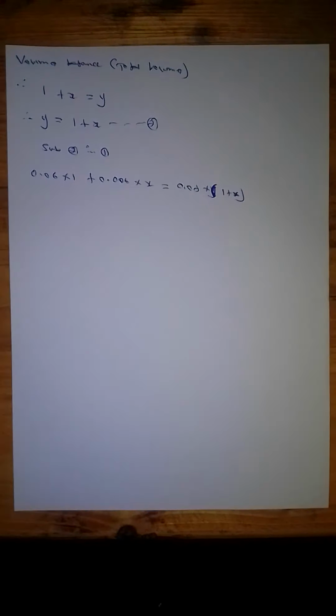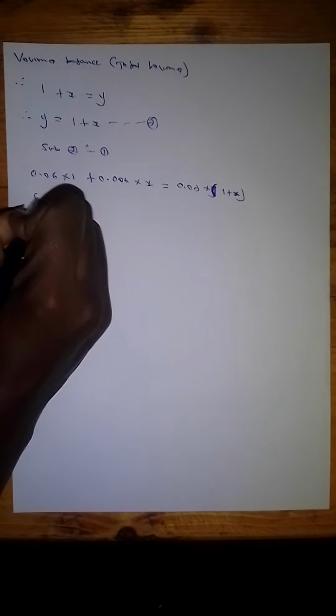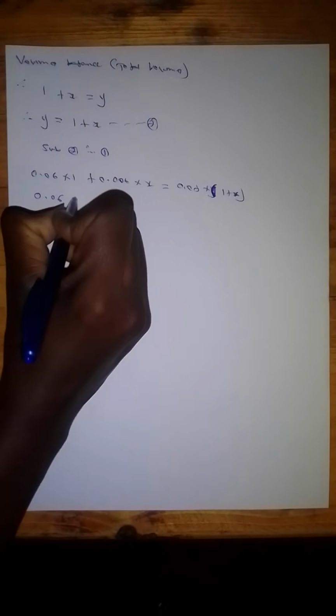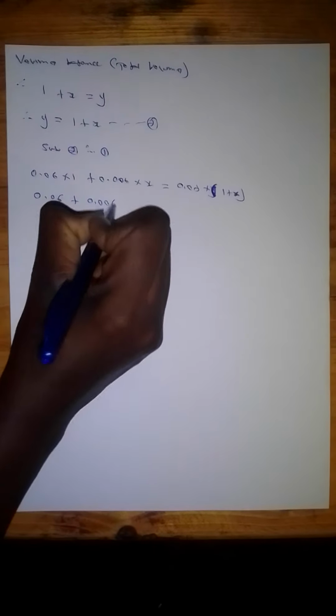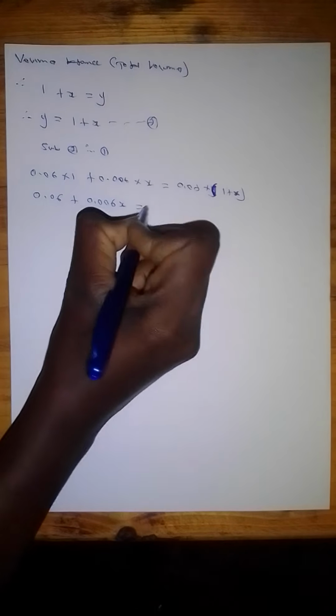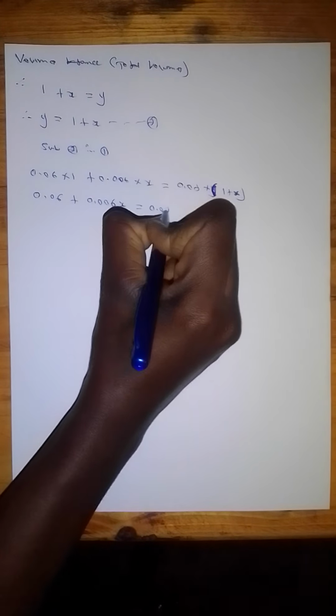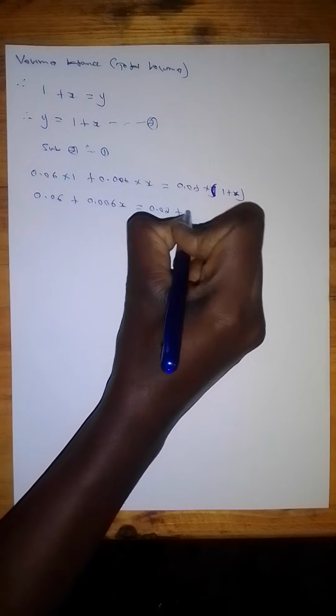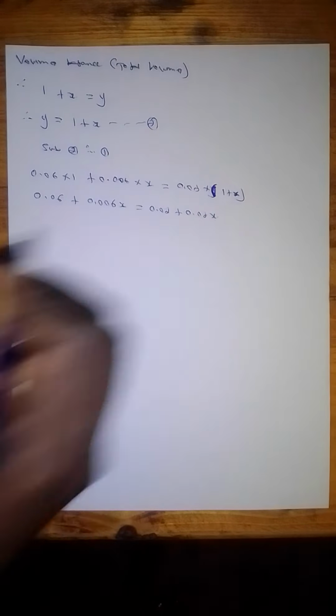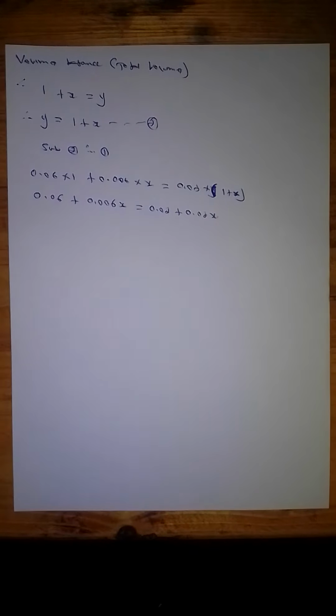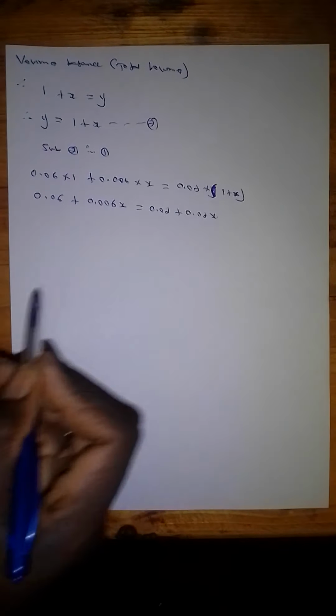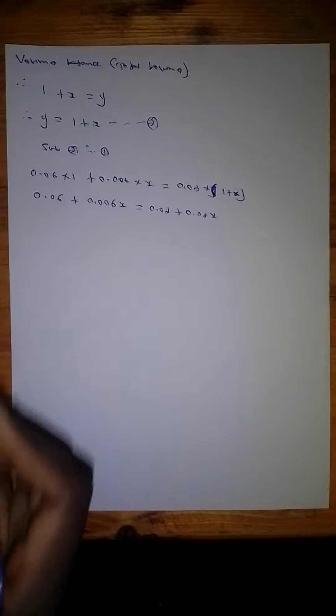So that is basically our equation. I can simplify to say 0.06 plus 0.006x equals 0.02 plus 0.02x. That is our simplification, and we can go further to solve for x.